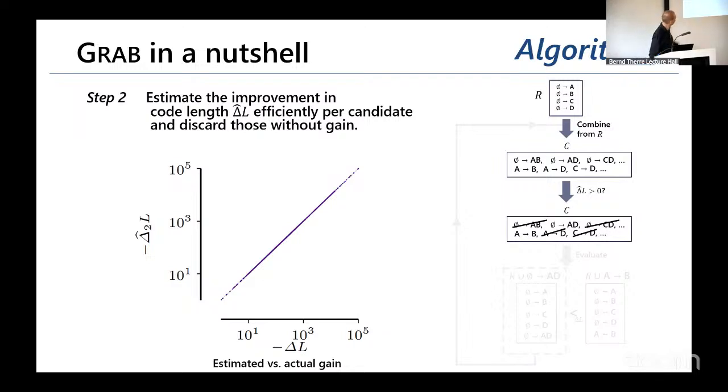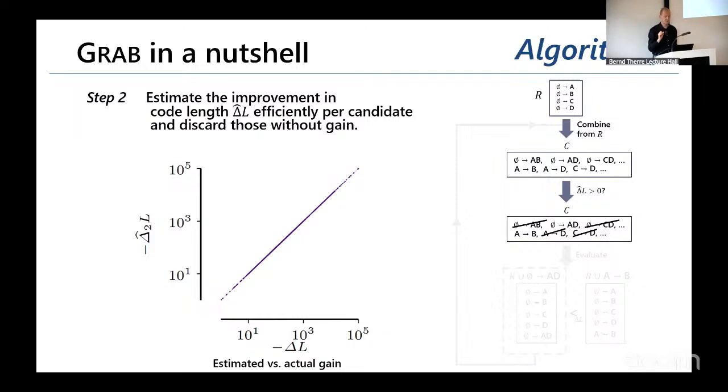Because this is the estimated gain, this is the actual gain. If this is really purely a diagonal, then we seem to have an exact calculation, which should not be possible because, over here, you see it? This one dot, that is the one that convinced me. It is actually an estimate. I checked the code. It's not just an offset for one point. Sometimes it goes a little bit wrong, but we can estimate this very, very well.